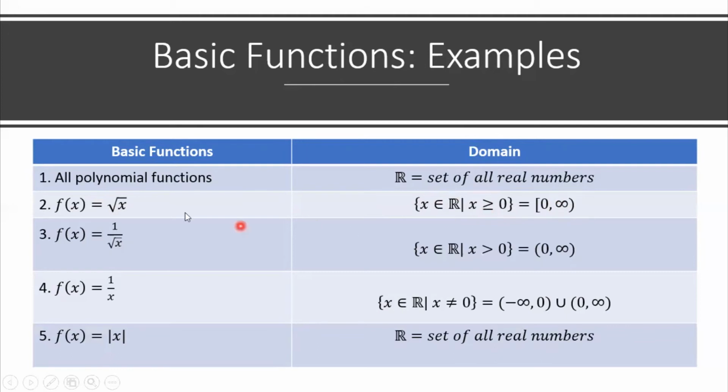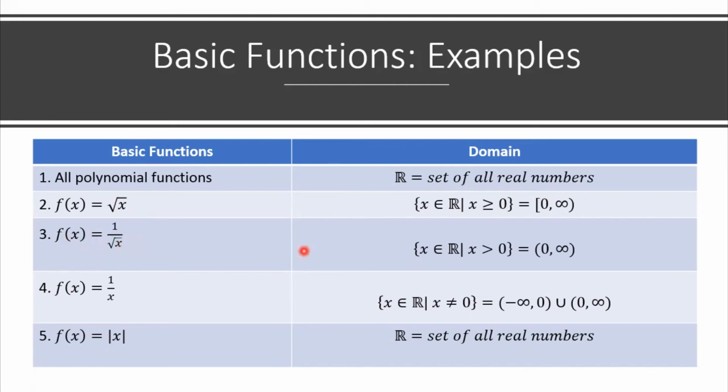Okay, take note of this basic function, because when we move on to something which is not only x, it will become easier for us to solve that kind of problem, because we are already masters of the basic functions and their domains. Now, how about f of x is equal to 1 over square root of x?